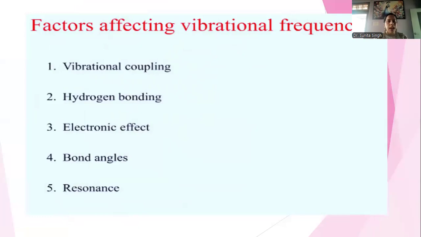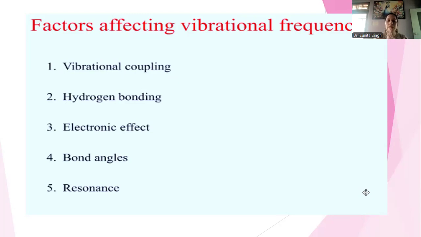There are various factors which affect the vibration frequencies. Before going to the spectra part, we should know how these factors work, because we should know if a compound has hydrogen bonding, if there is a strain in the molecule, whether resonance plays a vital role in determining the vibration frequency. So these are very important.